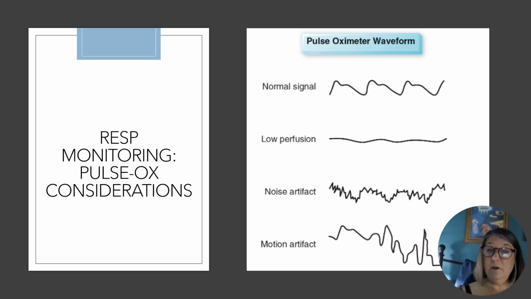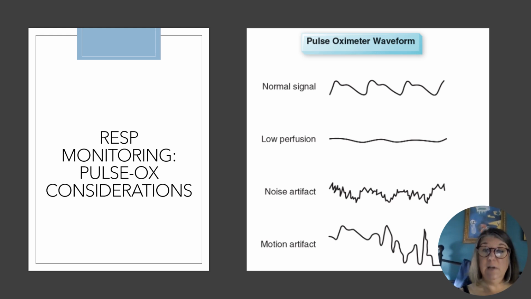Also, poor perfusion can be caused by hypothermia, right? They're cold, shock, cardiac arrhythmias, carbon monoxide poisoning, edema, peripheral vasoconstriction, which is our Raynaud's, tourniquets, and inflated blood cuffs, right? Because all of that stuff is cutting off the flow of oxygenated blood. So that can affect all of this.